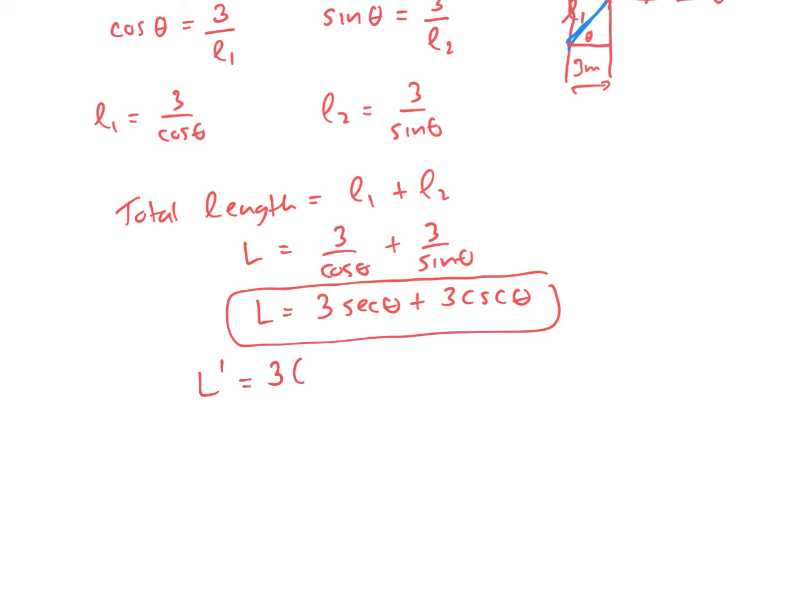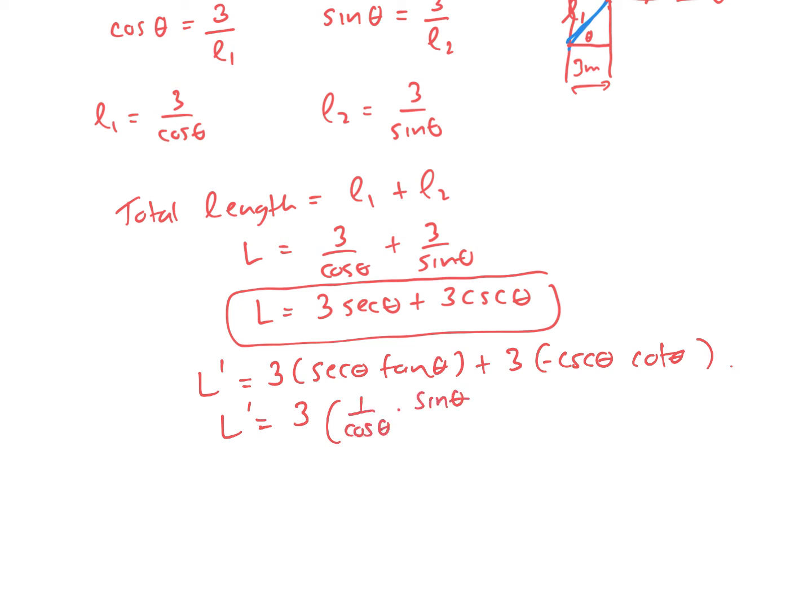So that will be 3 secant theta tan theta plus 3 cosecant theta cotangent theta. Sorry, minus. And let's change secant to 1 over cosine, tan to sine over cosine.